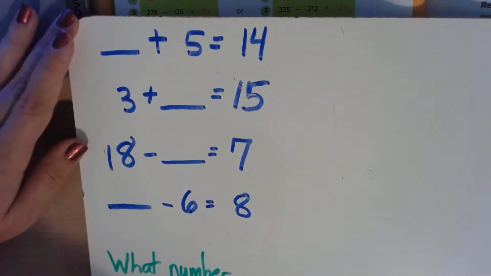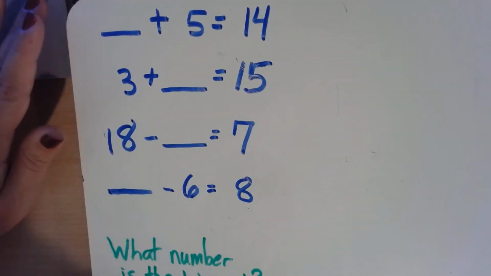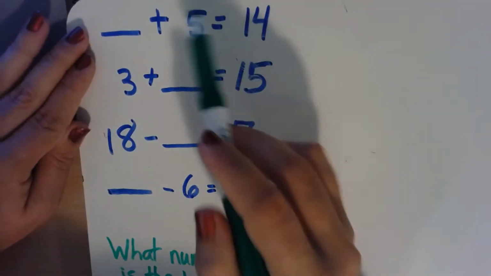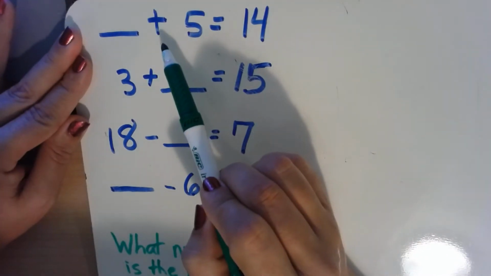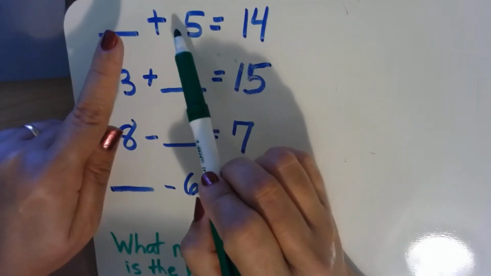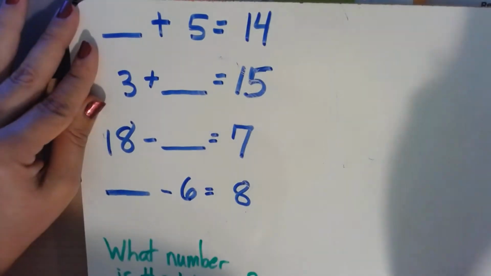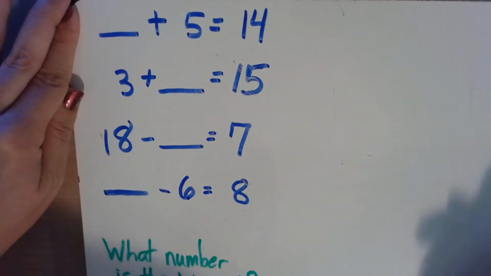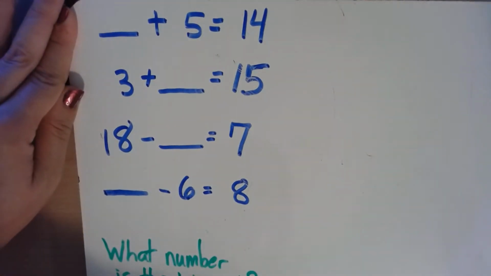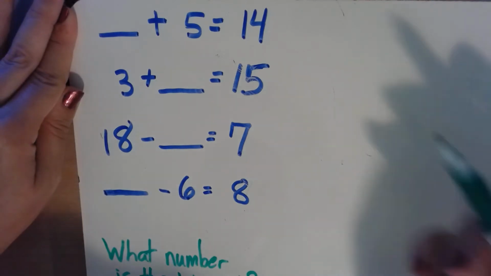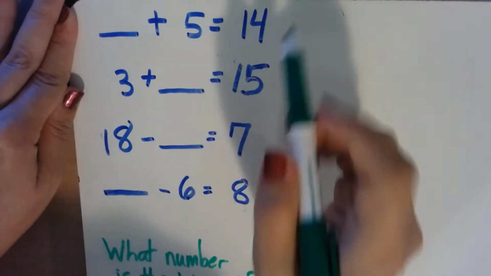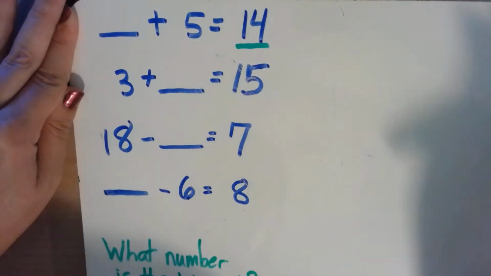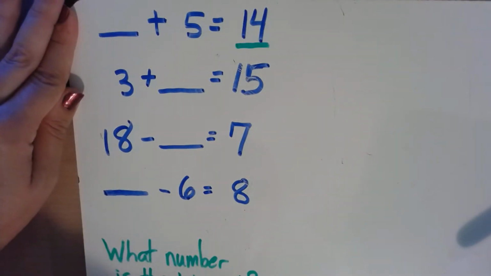So let's look at this. What number is the biggest? So when I'm adding numbers, when you add two numbers together, which number is going to be your biggest number? Meaning which number has the highest value? Well, when you add two numbers together, the last number is going to have the highest value, or is going to be your bigger number.